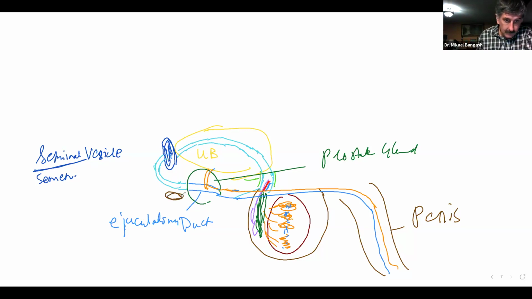Now right here, pretty much before the spermatic cord enters the prostate, the prostate is going to receive secretions from a little duct or from a little gland called the bulbourethral gland.